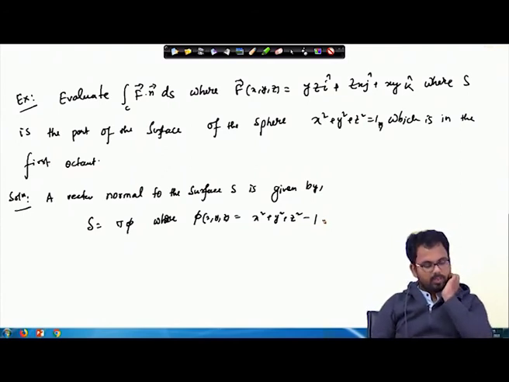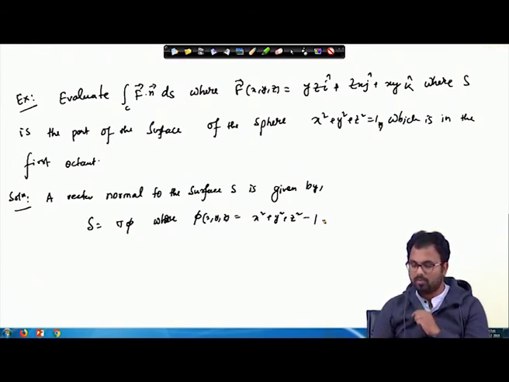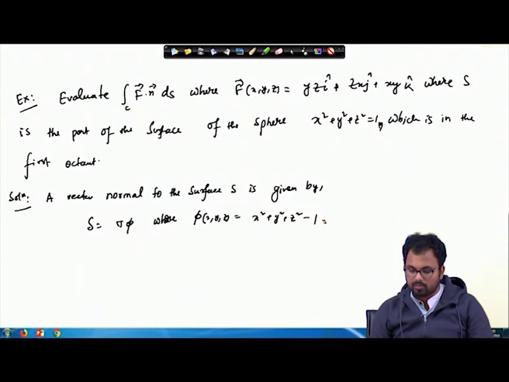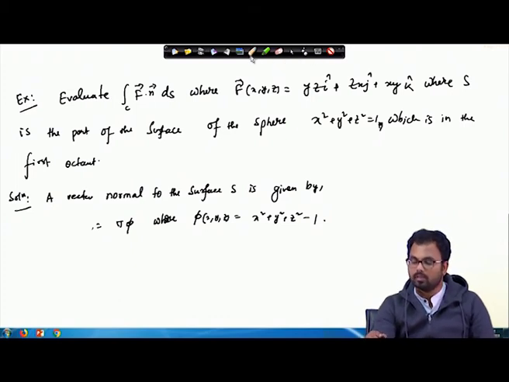So, this is the required equation of the surface, phi equals x square plus y square plus z square minus 1. A vector normal to the surface S is given by grad phi, and this grad phi can be calculated now.